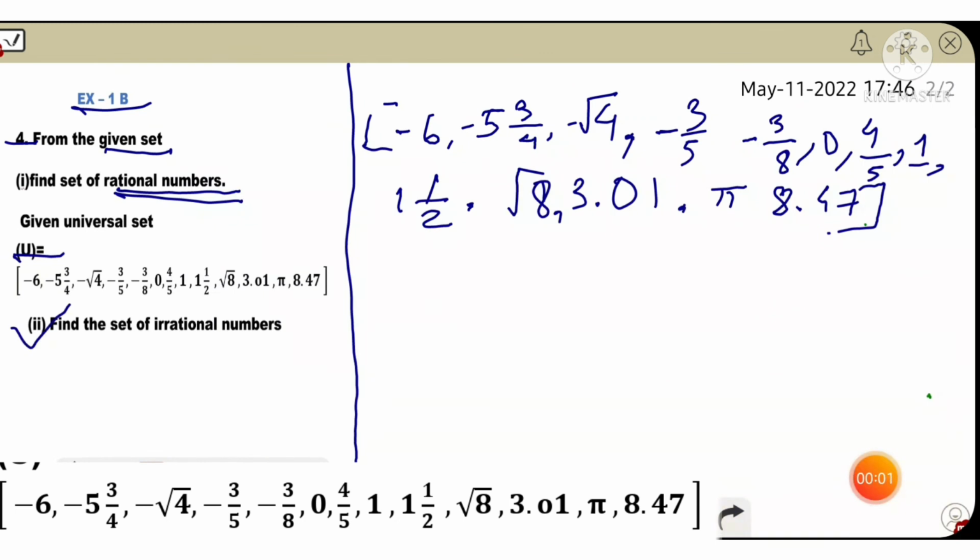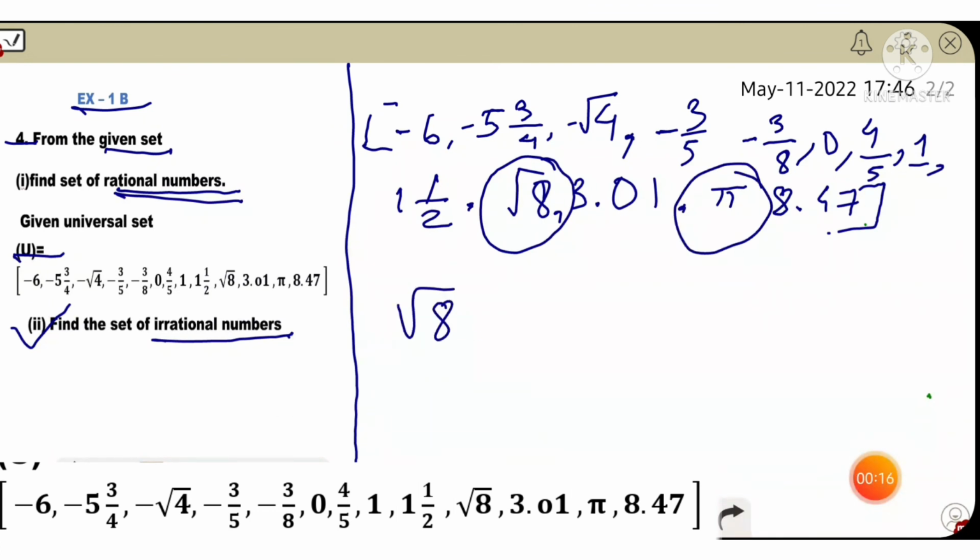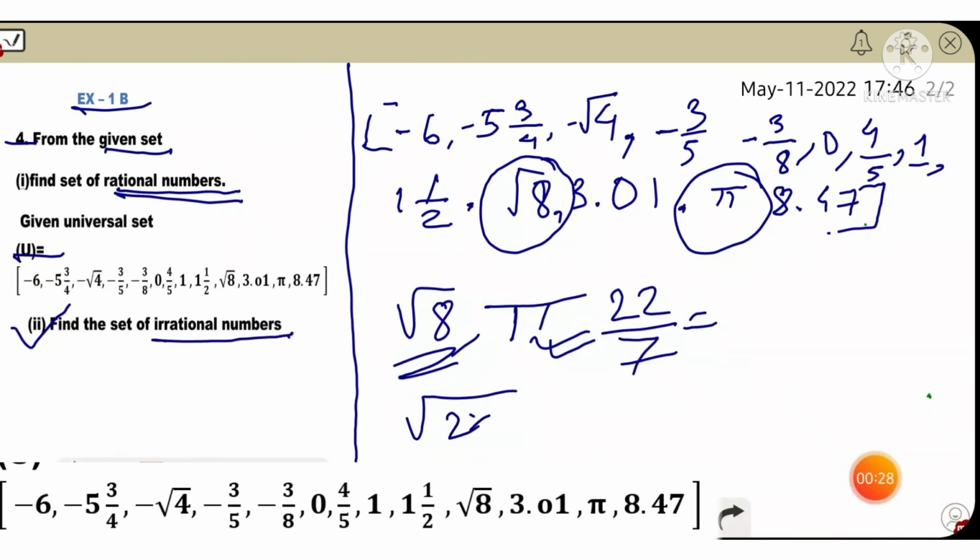In the next question, question number 2, we have to find the set of irrational numbers. Irrational numbers are those which are neither terminating nor recurring decimals. So they are root 8 and pi. Root 8 is not recurring and not terminating, and pi, 22 by 7, is also not terminating and not recurring.